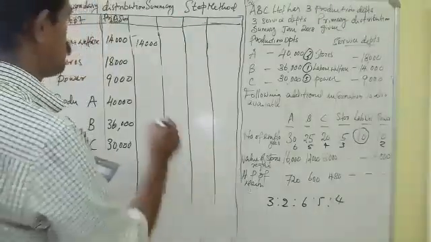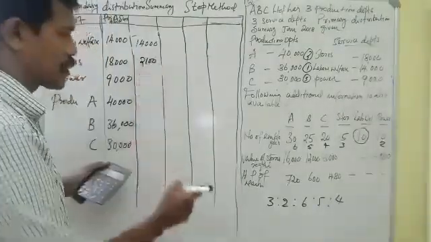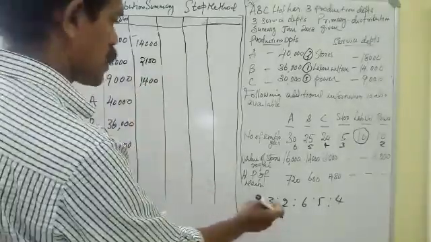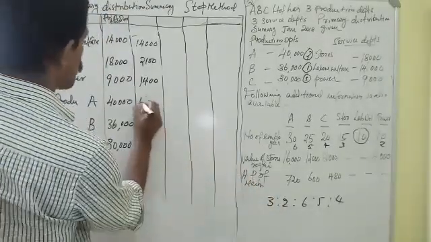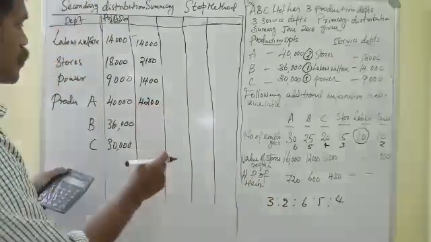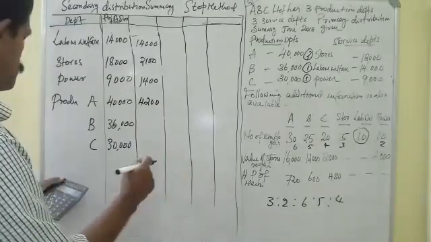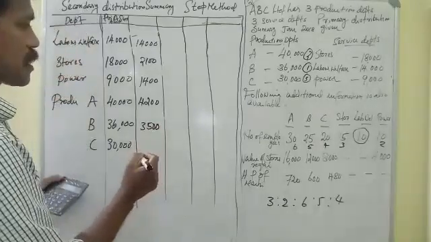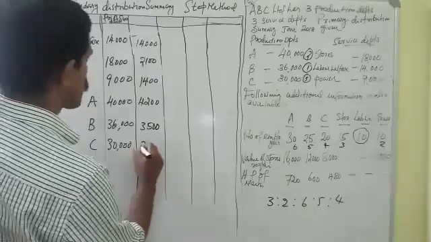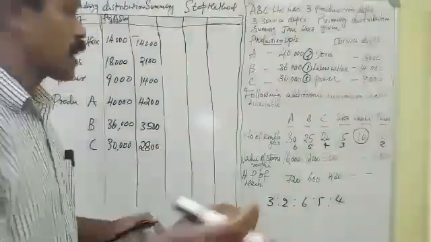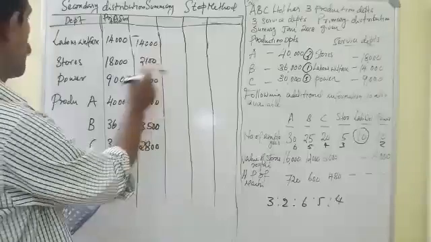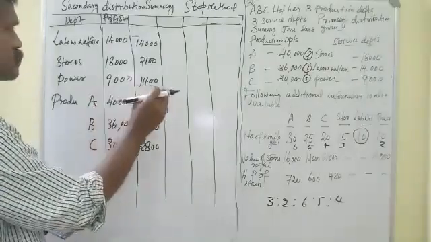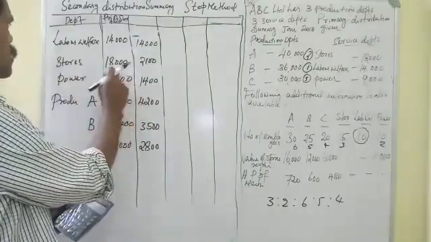Then 2,100 for stores, 1,400 for this power department, and then 4,200 for production A, then 3,500 for B, and then 2,800 for C. See, now we have distributed this 14,000 fully among the other departments. Then we write the total of this stores department.